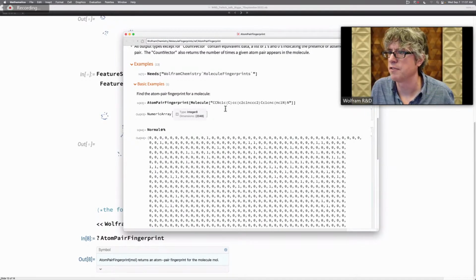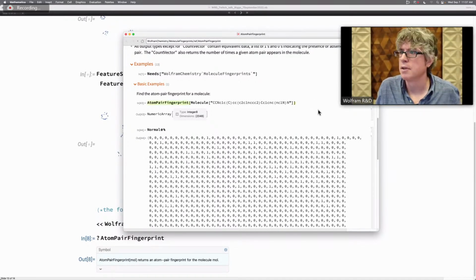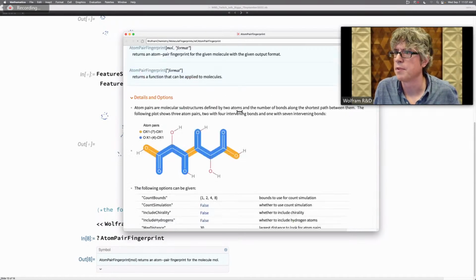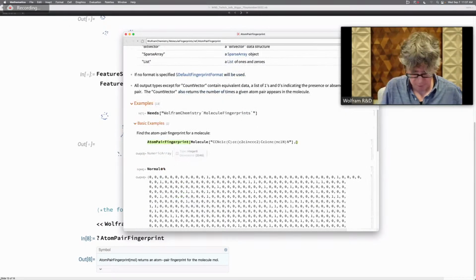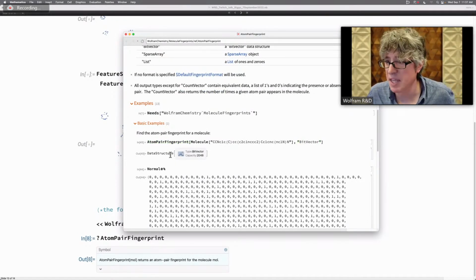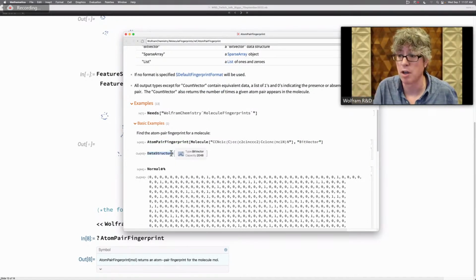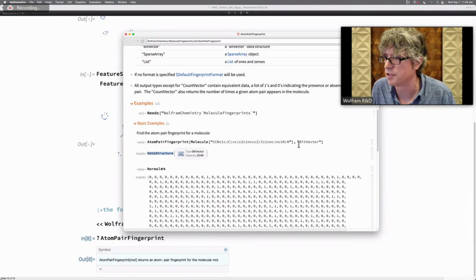I could have asked for it as what we call a bit vector. This is a bit vector data structure, and those are very interesting. They're not as well integrated into the Wolfram language, so the default is to return back a numeric array.